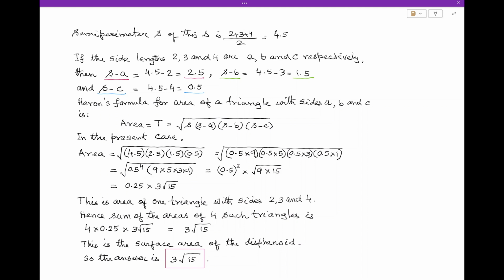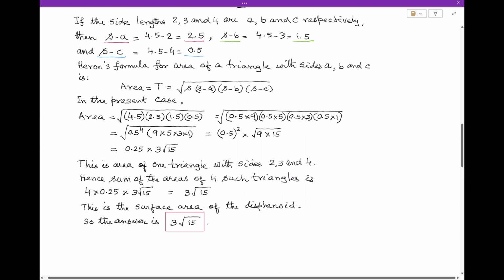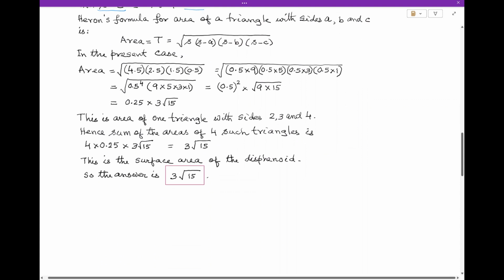If we take the square root, we get 0.5 squared multiplied by the square root of 9 into 15, which is equal to 0.25 multiplied by 3 square root of 15. This is the area of one triangle with sides 2, 3 and 4.